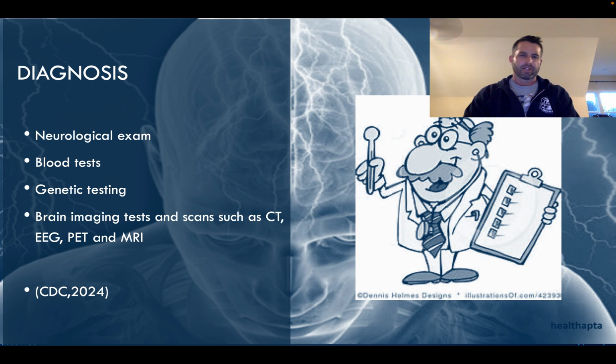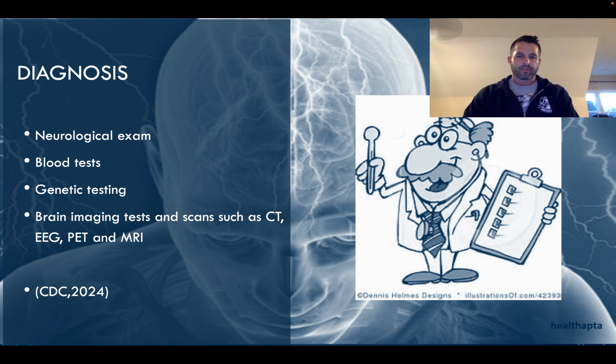Again, genetic testing is one of the criteria for epilepsy, but it doesn't mean that if your parents or someone in your family had it, you're going to have seizures. It's just a possibility, a link.